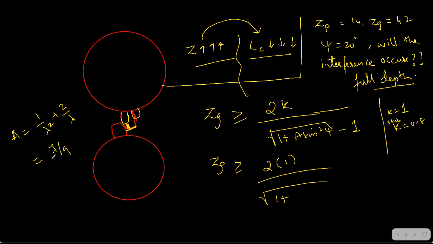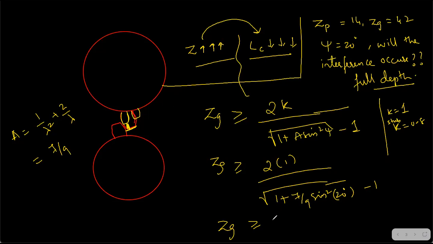Please cross check. It will be 7 by 9 and psi is 20 degrees. So 7 by 9 sine square 20 degrees and then minus 1. Finally, you are going to get Zg greater than or equal to 14 point, sorry, what is Zg? Kindly do the calculation and let me know.